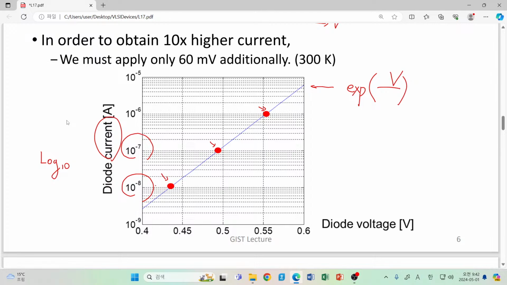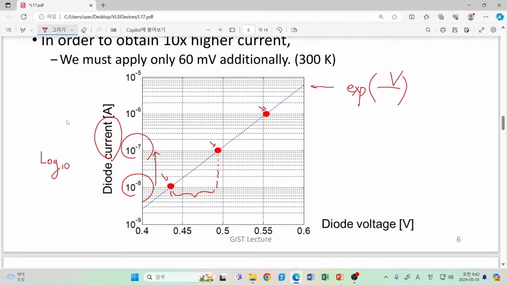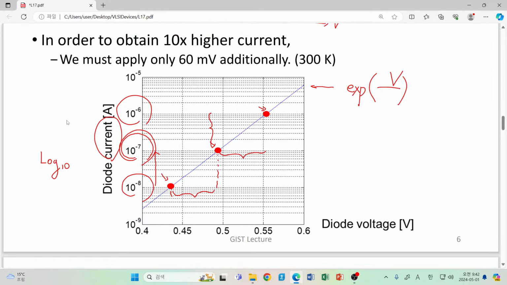In order to have 10 times larger current, how much additional voltage must we apply? The voltage difference is given by this. Can you read the difference? To increase your current from 10 to the minus 7 to 10 to the minus 6, 10 times higher, we must apply this amount of additional voltage.